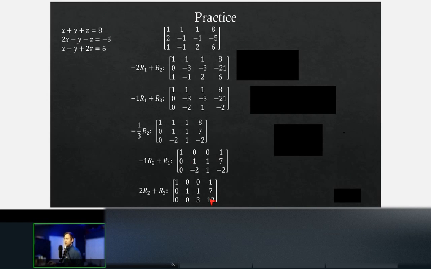So check this out. We have a 1 here. We got zeros below it. We have a 1 here. We got zeros above and below it. So what's the next thing that we should try to do?